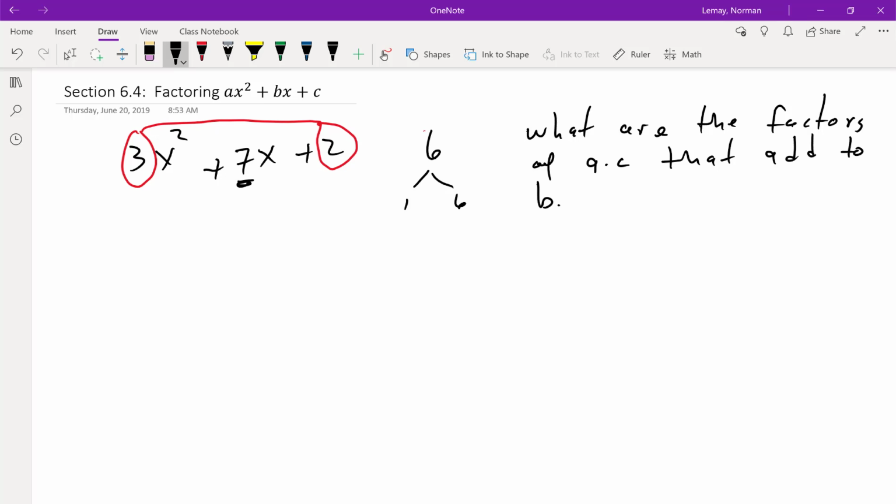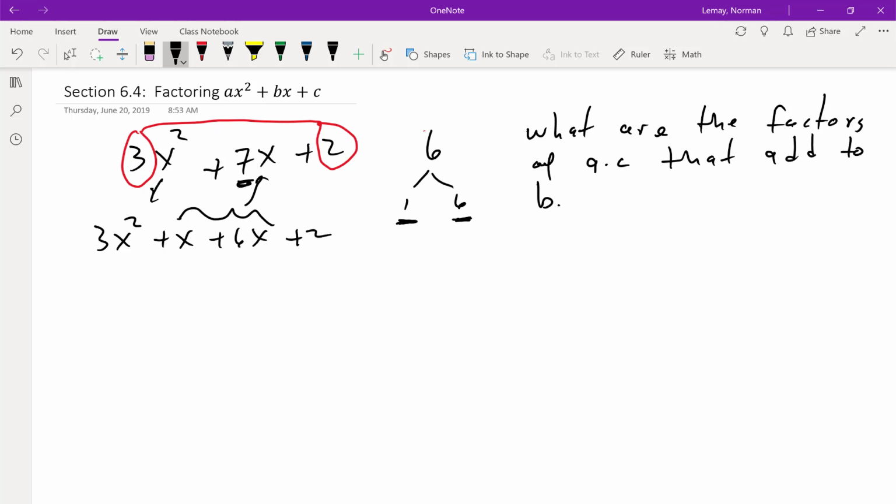So now what we do is we rewrite the middle term, the 7x, in terms of this factor and this factor. So we get 3x squared, coming straight down here. And now I'm going to use these factors, plus x plus 6x. Notice that these two add up to the middle term, and then plus 2.